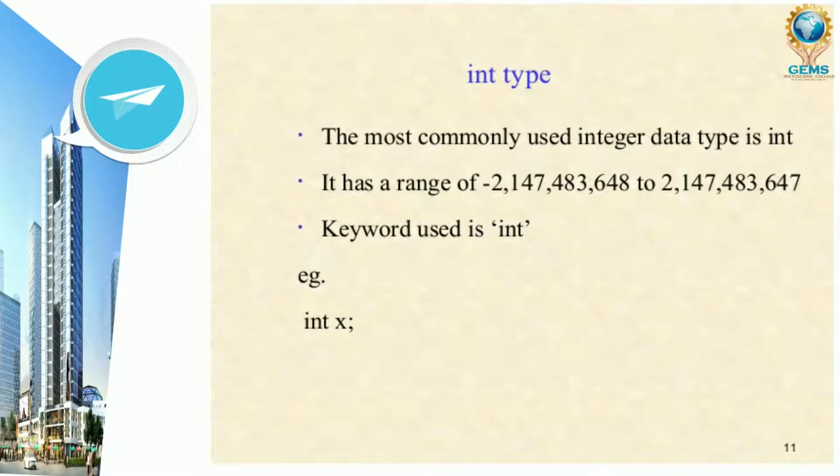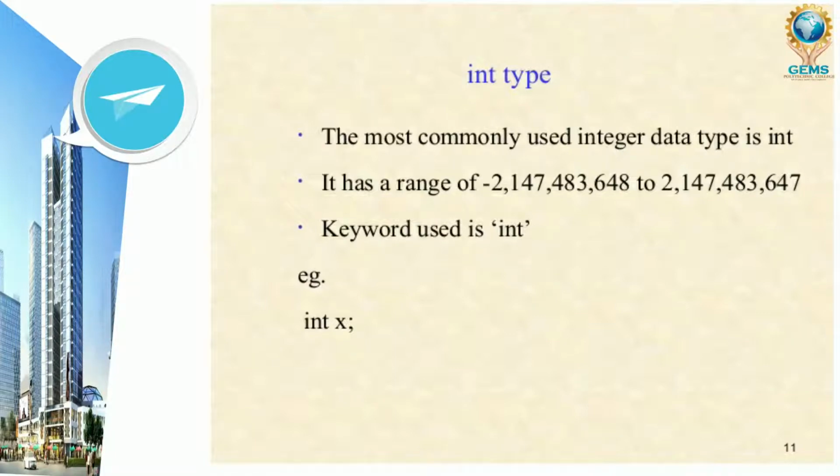Next one is the int type. The most commonly used integer data type is int. Most of the time we use the integer data type. Byte, short, long, int are the 4 kinds of data types under integer, but int is the one we use most commonly in programming languages.